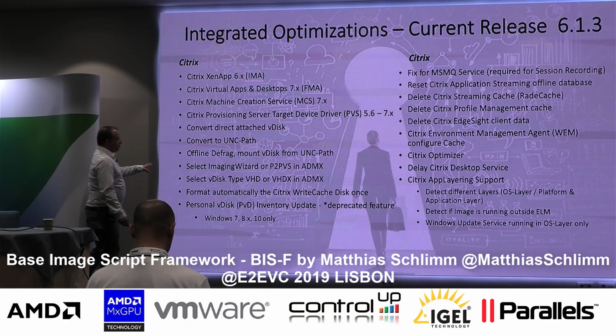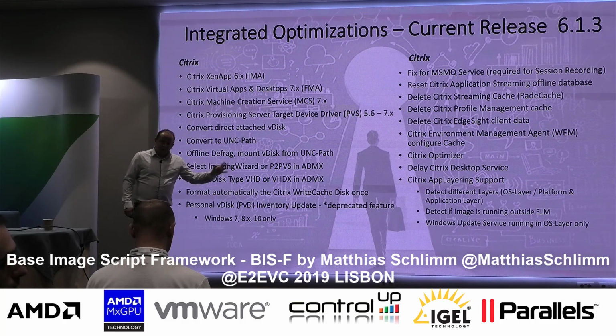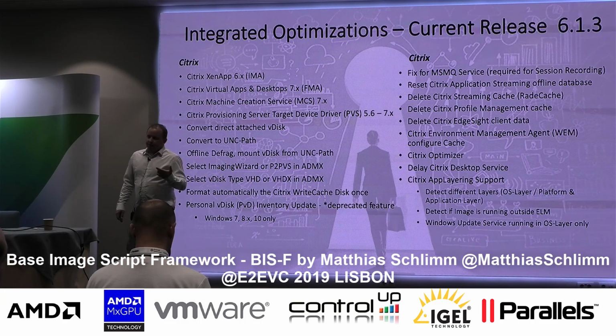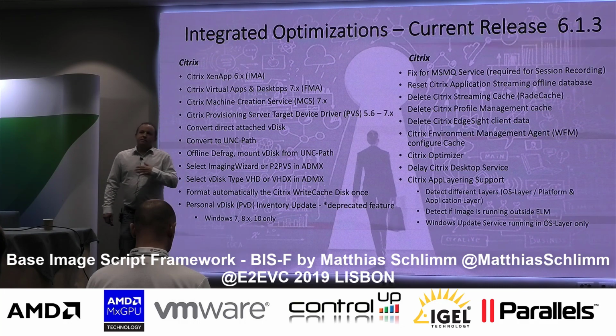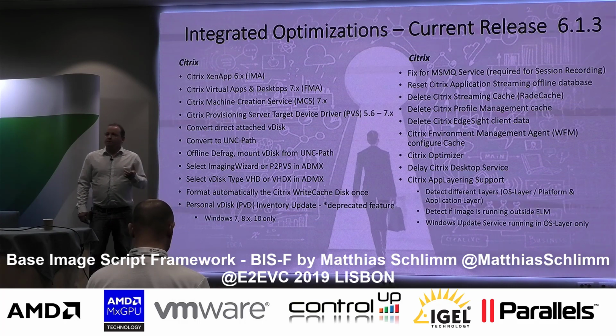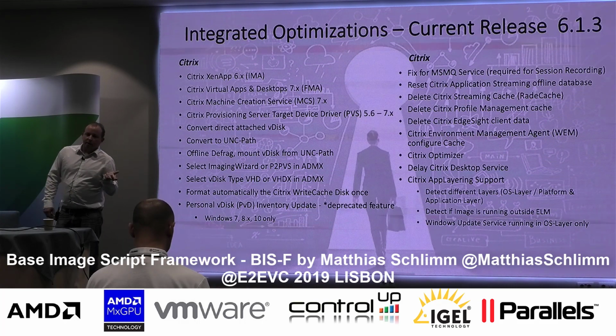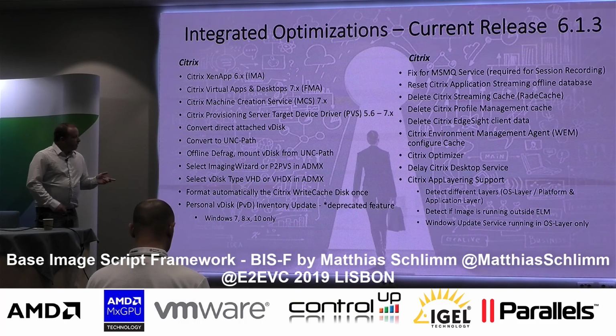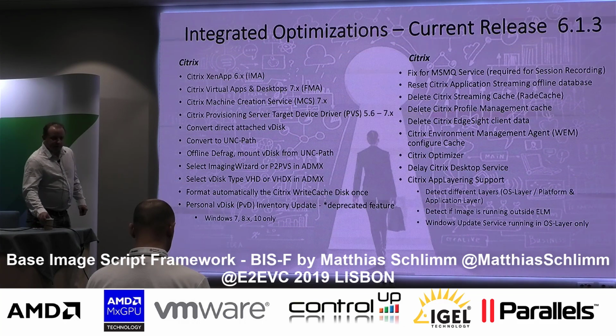Also for the offline defrag here. If you're using PVS and at the end of the sealing you write your image inside of the VHDX, you can store the VHDX on a share, like directly the store from the PVS itself.